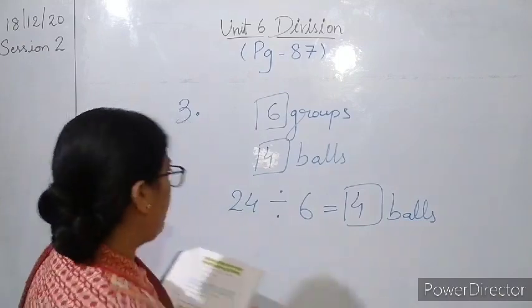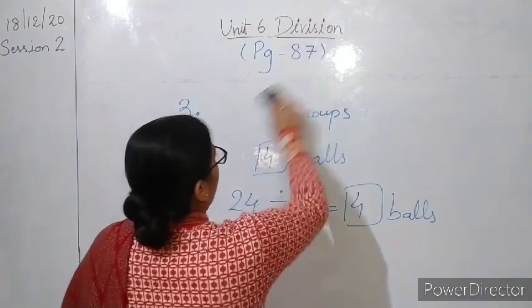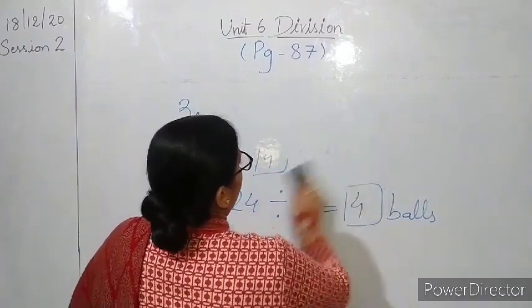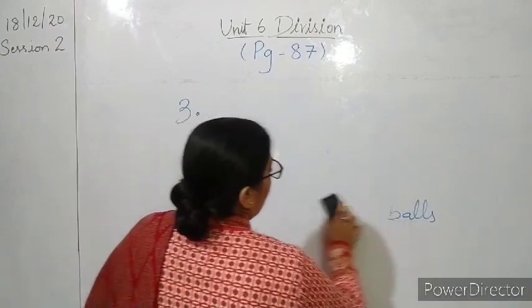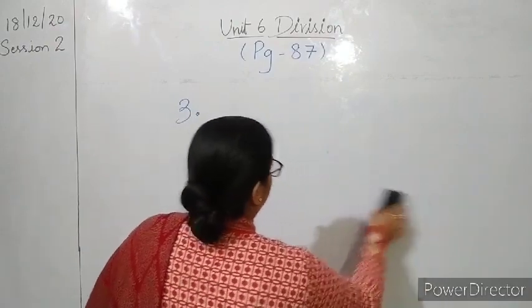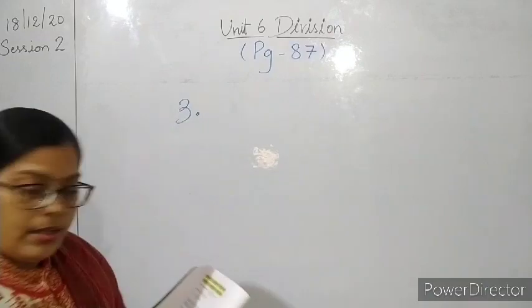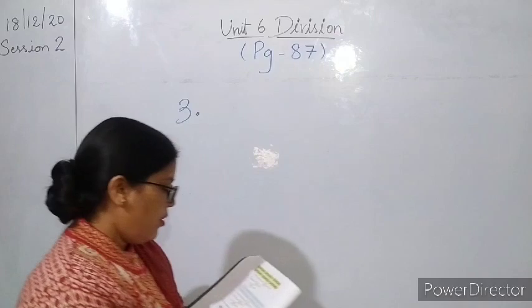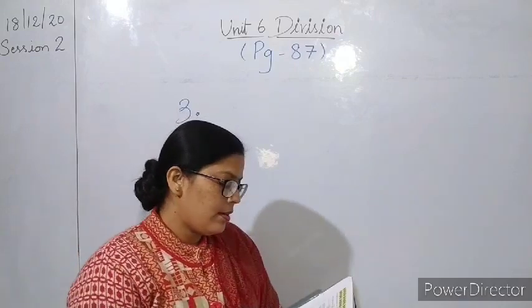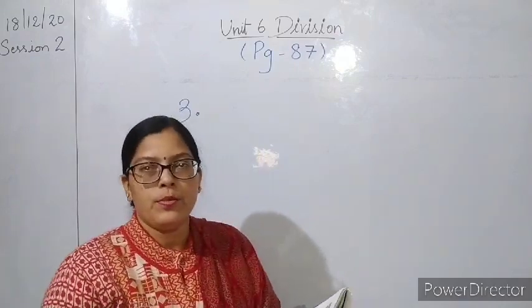Now the next question is question number 4. Which picture is given here? What is divided among different groups? Stars. Okay. Here stars are divided among different groups. Here how many stars are there? 32 stars. So in the first line, 32 stars are divided into dash groups.